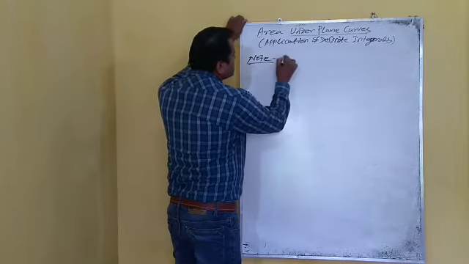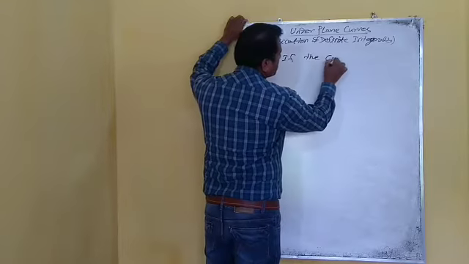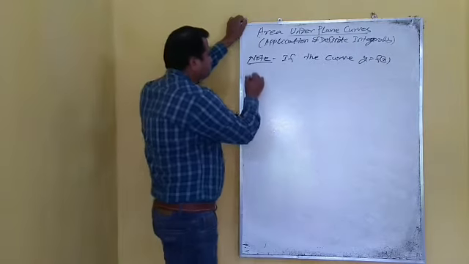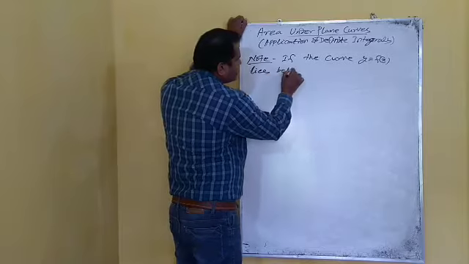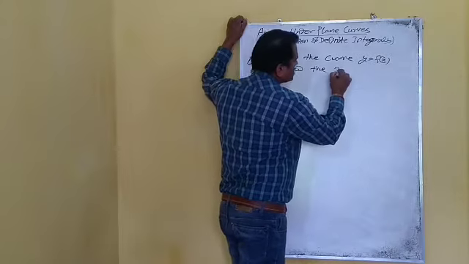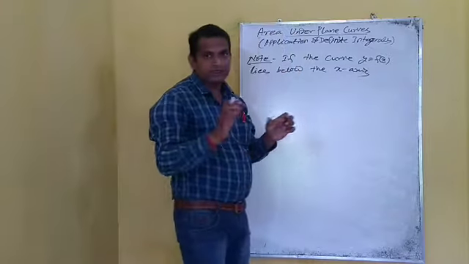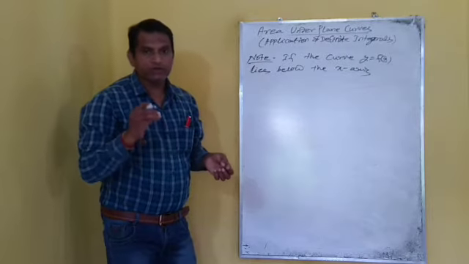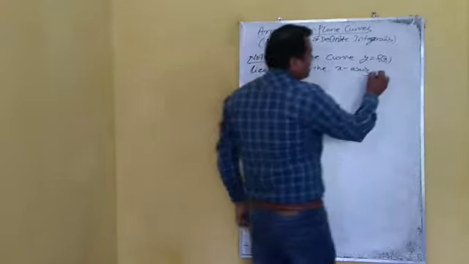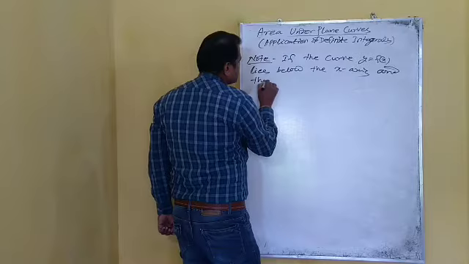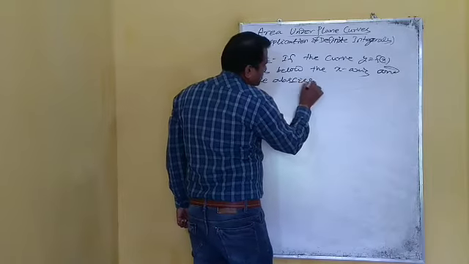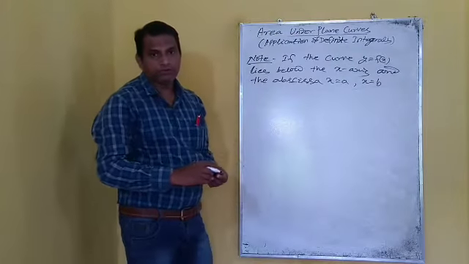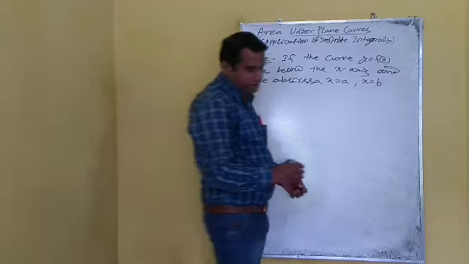If the curve y is equal to f of x lies below the x axis, with abscissae x is equal to a and x is equal to b, then f of x is negative below the x axis.